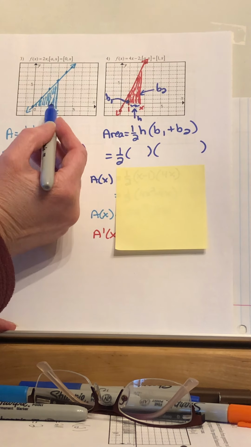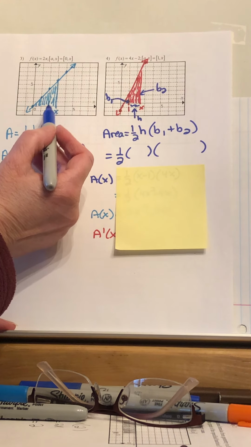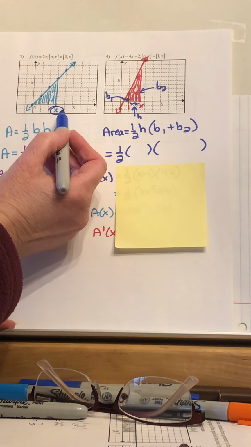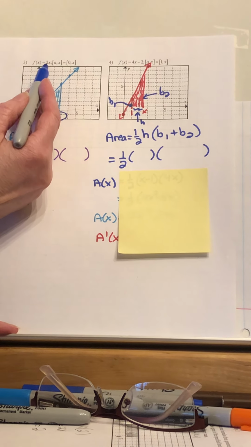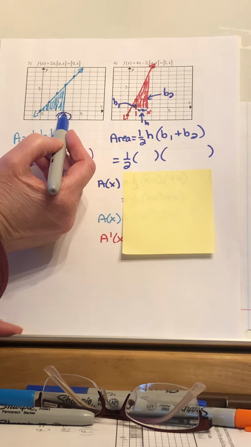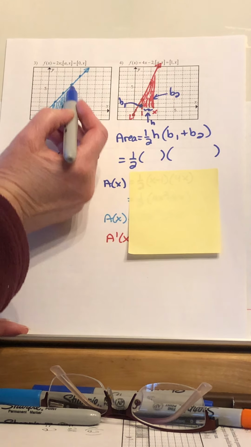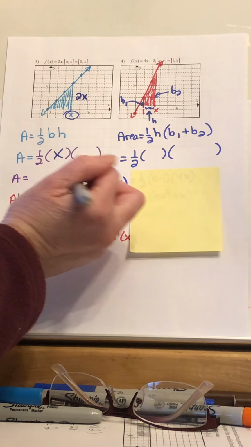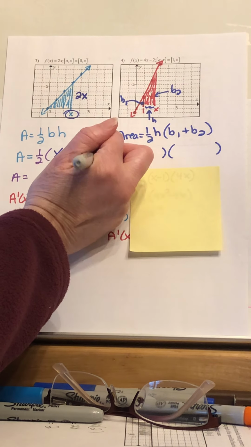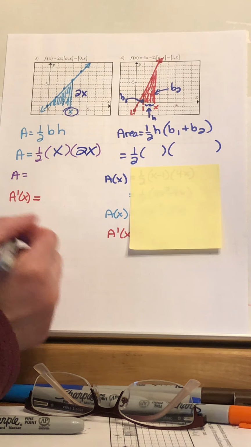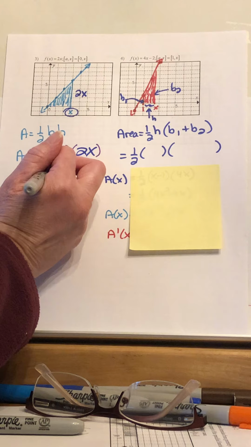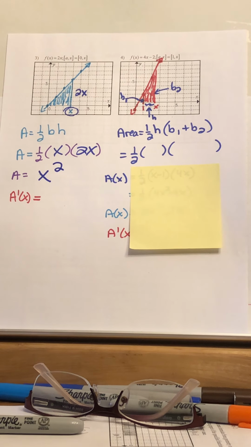The height of my triangle, again, it's over here on the right, so it's non-specified. It's some x value. So I have to go back up to my formula and say, if it's the x value, then it's the height at that x value. Well, this height is the height of the function. The function is 2x. I'm putting in 2x. I total that up. My area function is simply x squared.